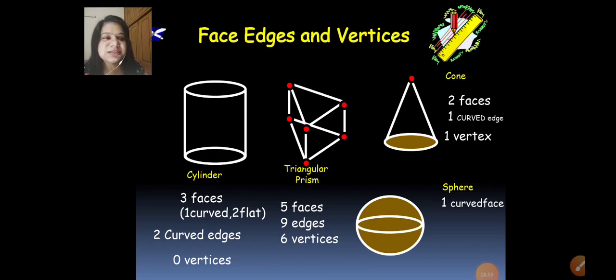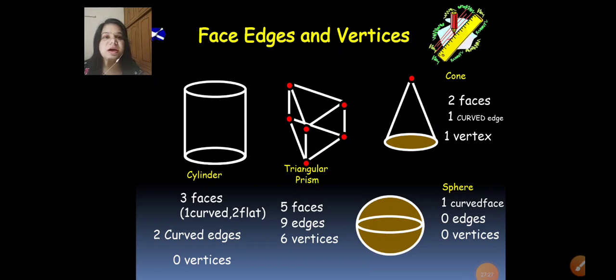Yes, in sweets, the sweet laddu is also in the shape of a sphere. So you can notice that there is only one curved face, right? And there are no vertices and no edges, because there is only one face. It is not meeting with another face, so no edges are formed. And obviously a ball doesn't have any corner, right? So it has 0 vertex.